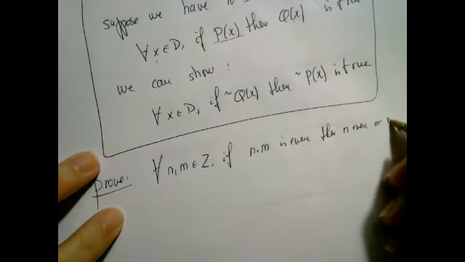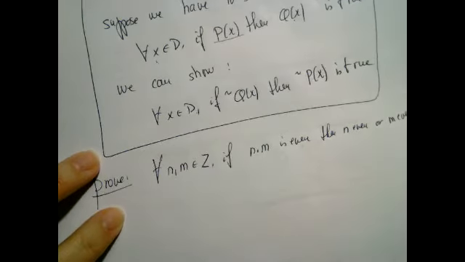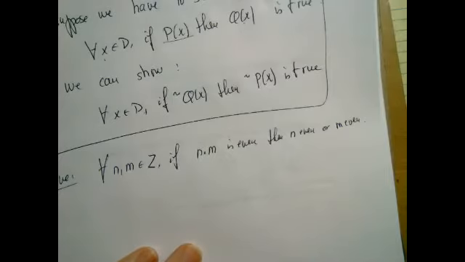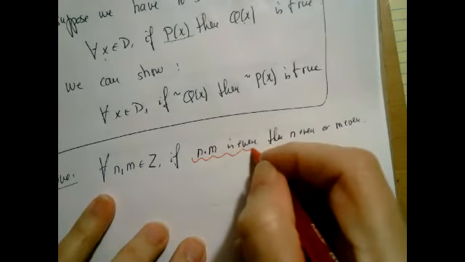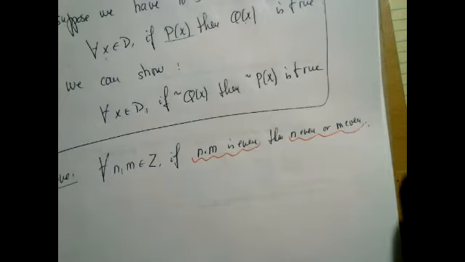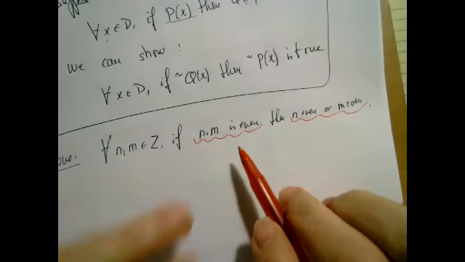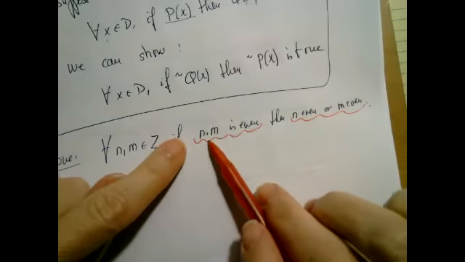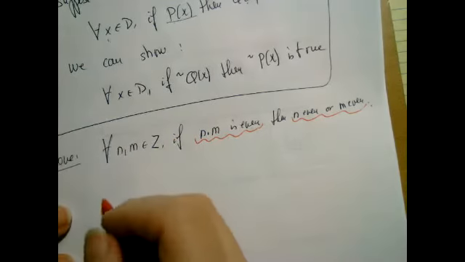That's the only way it could happen. You take 2 integers, you multiply them by each other, you get an even number. This is my hypothesis, and this is my conclusion. As I said, there are 2 issues in this problem. First, if we try direct, so we're going to try direct.